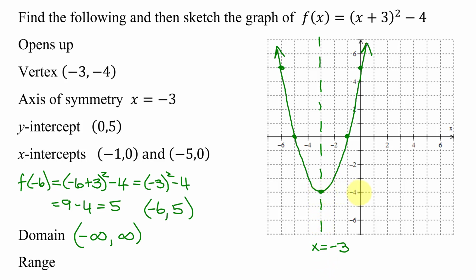It's at the vertex. So the first y value I hit is -4. There's a point at -4, so I use square brackets. And now my graph goes all the way up to +infinity. So the range is square bracket -4 to +infinity.